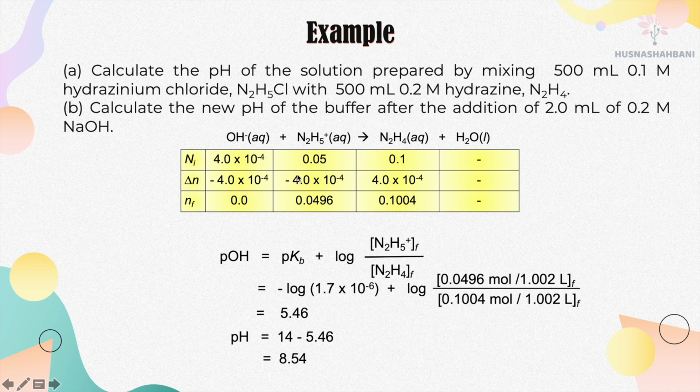And 0.05 minus 4 times 10 to the power of negative 4 gives 0.0496. And 0.1 mole plus 4 times 10 to the power of negative 4 gives 0.1004 mole.